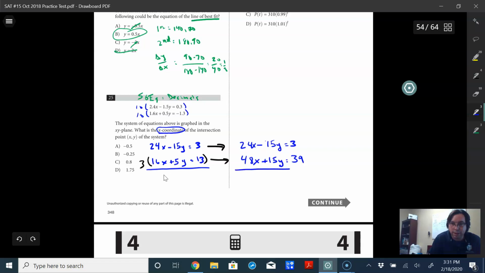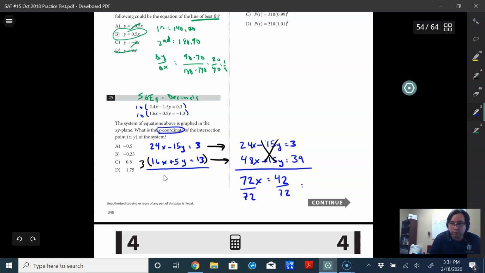Now I can add, and so 48 plus 24 is going to give me 72x, and these are going to thus eliminate, equals 42. And so therefore I can divide by 72 here. Divide by 72.